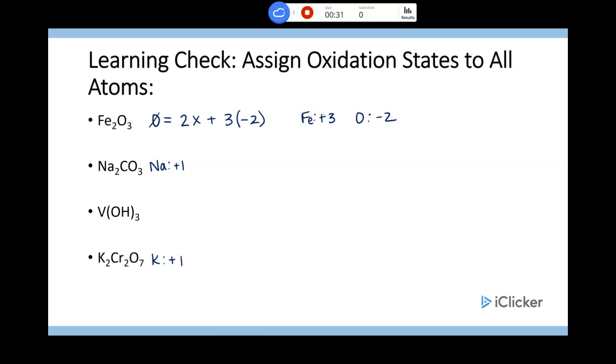So all of these have an overall charge of 0, all of these compounds. You know oxygen should be -2. In this first one, sodium is +1.